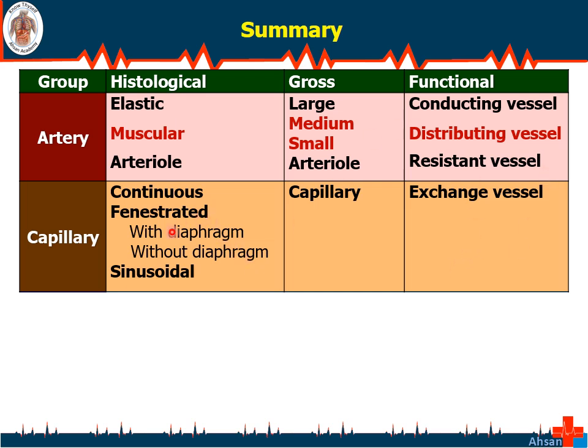Capillaries are histologically classified into continuous, fenestrated and sinusoidal capillaries, and these fenestrated may be with or without diaphragm. These capillaries are functionally known as exchange vessel.